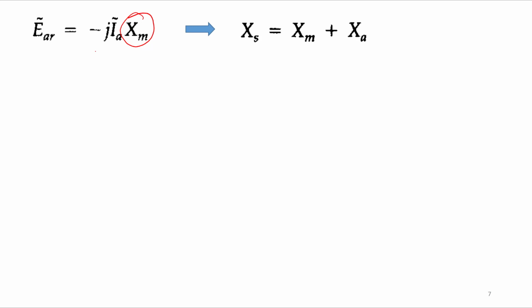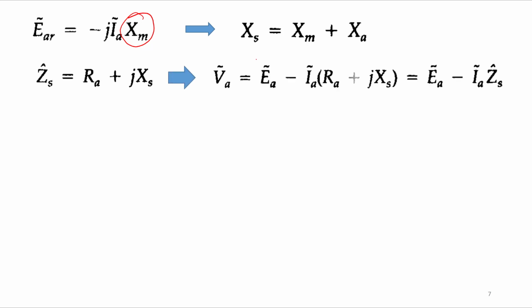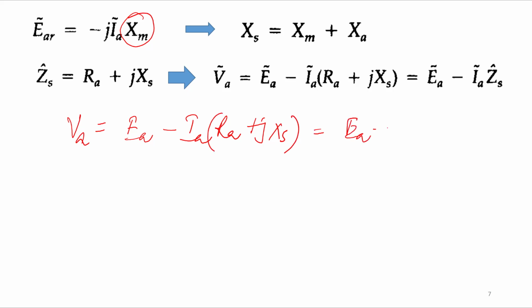Therefore I can write X is equal to XM plus XA, and Z is equal to RA plus JXS. Of course, VA will be equal to EA minus IA RA minus IA JXS. XS is your XM plus XA, so I can substitute XM plus XA here.